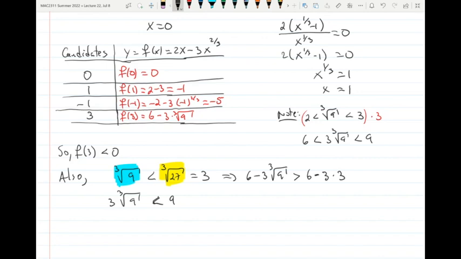If I do 6 minus 9, I'm going to get a smaller number because you're subtracting more from 6. So that's why 6 minus 3 times cube root of 9 is actually larger than 6 minus 9, which is negative 3. So the point is that this number here is bigger than negative 3.